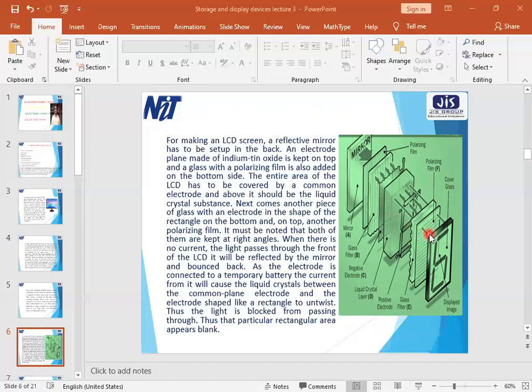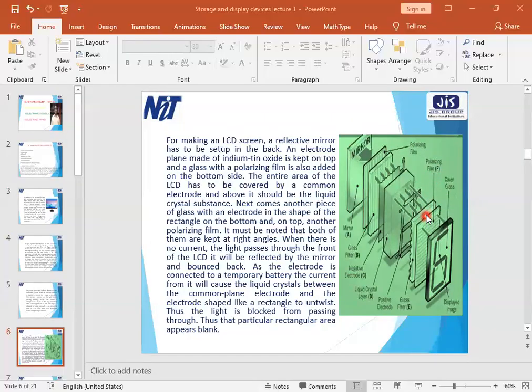An electrode panel. One more thing is that the common electrode will be running throughout the LCD. An electrode panel made of indium tin oxide is kept on the top, and glass with a polarizing film is also added on the bottom. And a very important thing is that the two polarizing films must have 90-degree angle.